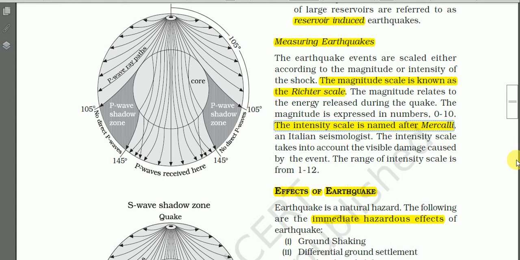So the Mercalli scale is a scale to measure the intensity of the shock of the earthquake, how strong the earthquake is, based on the visible damage. Okay, any other question?